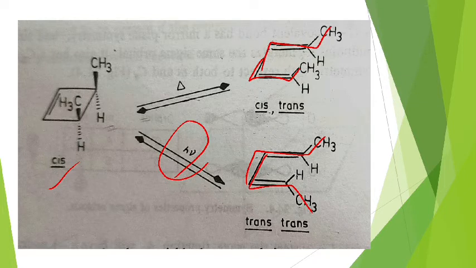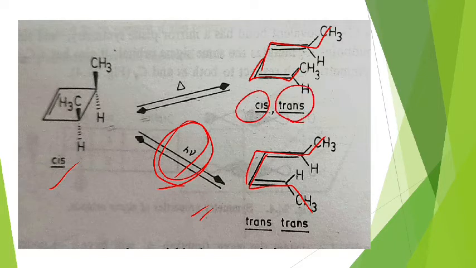So under photochemical conditions both double bonds are in trans position, and under thermal conditions one of the double bonds is in cis position and the other is in trans position. So the reactant is the same, but the products are different.